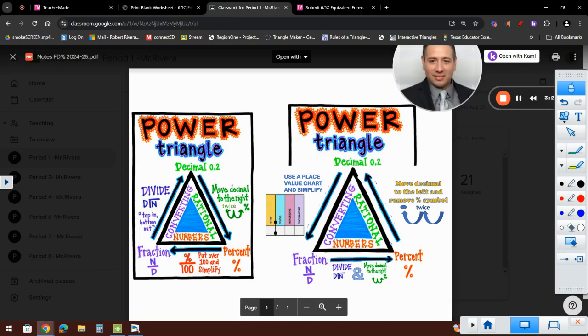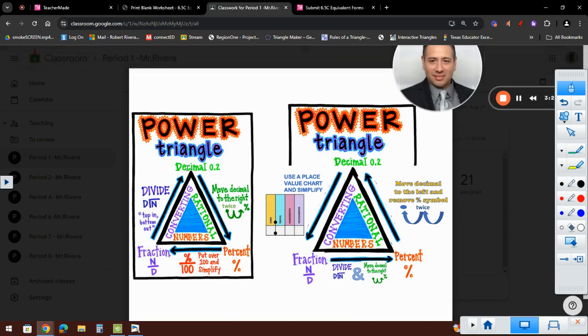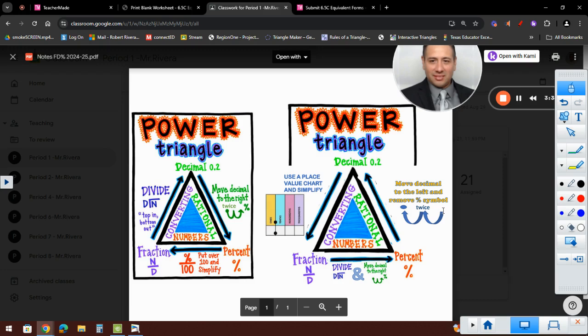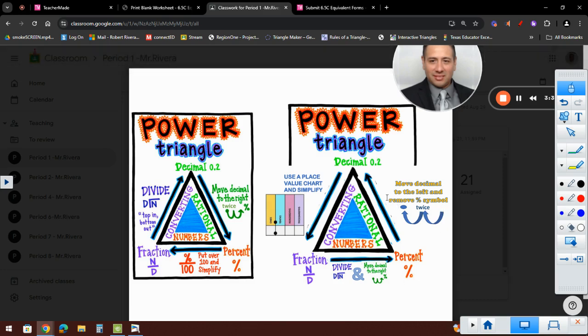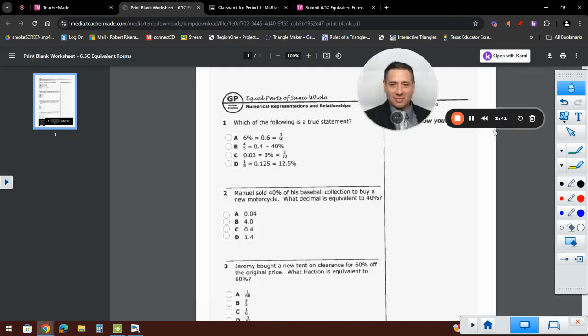To go to decimal form, we have two ways. We can divide from fraction to decimal, divide numerator by denominator, top in, bottom out, or we can move the percent twice to the left. Okay, that's the only thing, that once I delete, it's gone. So let me just get to the point that we were.